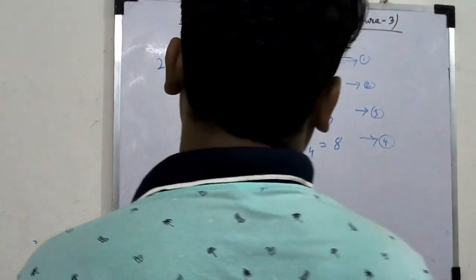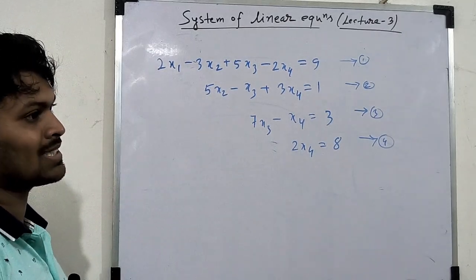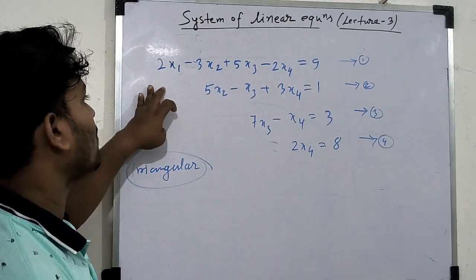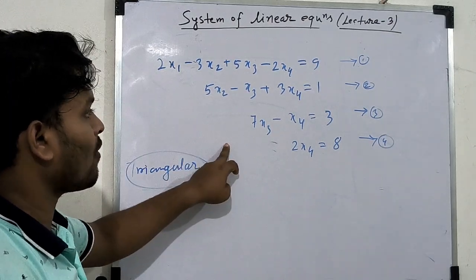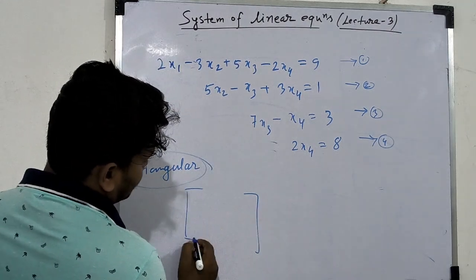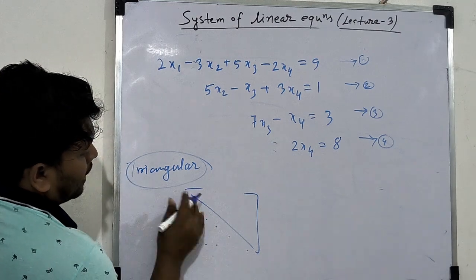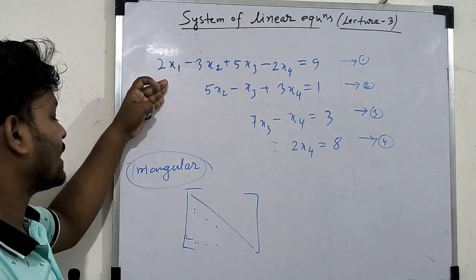In the previous lecture I discussed systems of linear equations in triangular form. Whenever we can write a system of equations in this form, the coefficient matrix will be like this: each element below the diagonal is 0, then the system is called triangular.